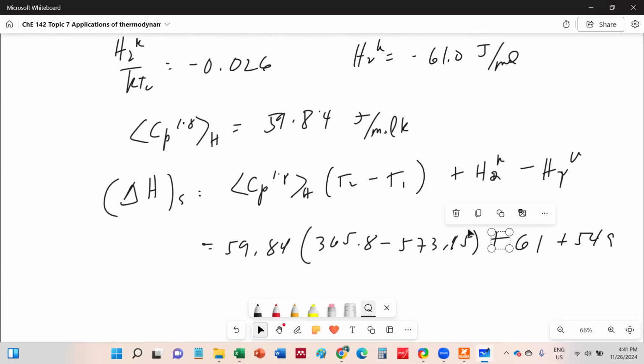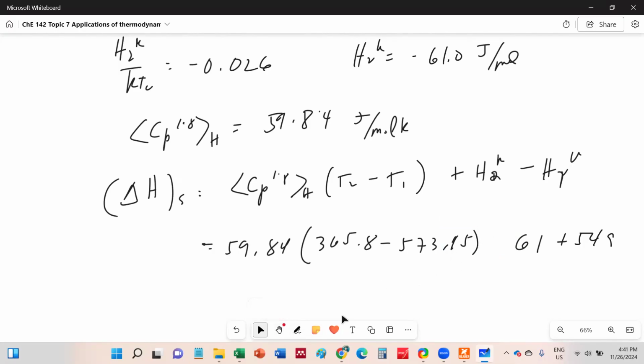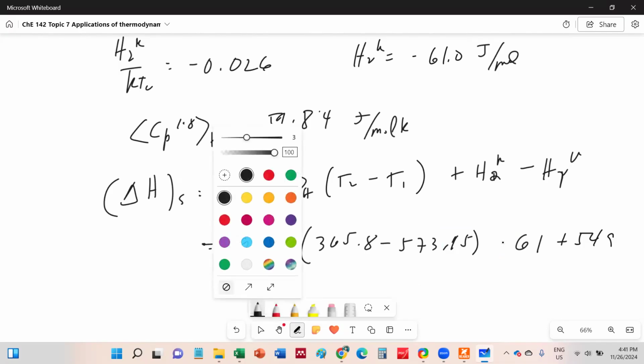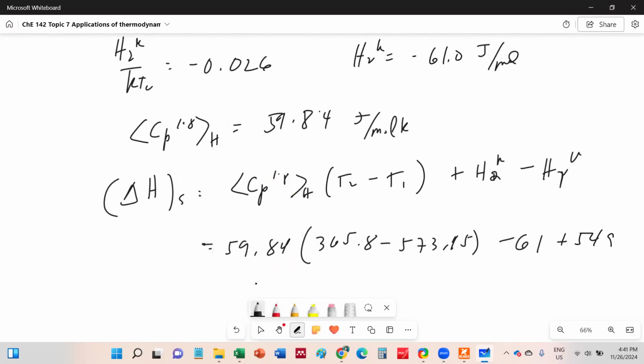It should be negative. Okay, so I hope that's clear. Final value is negative 11,920 joules per mole, which is the delta HS. Delta H isentropic, which is equal to work shaft.